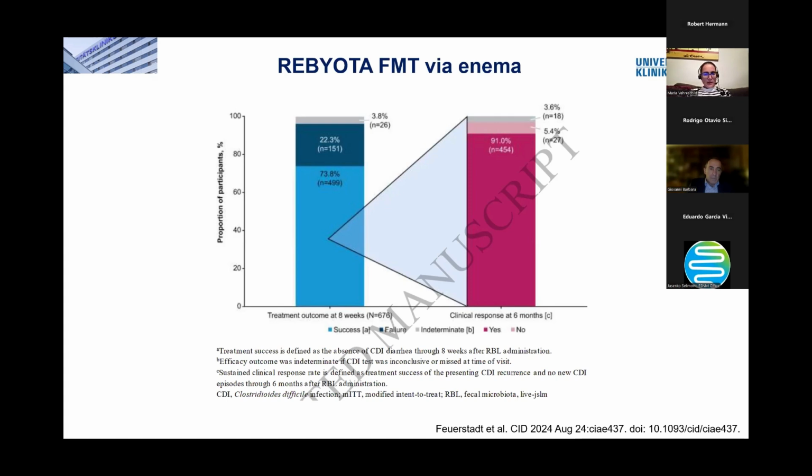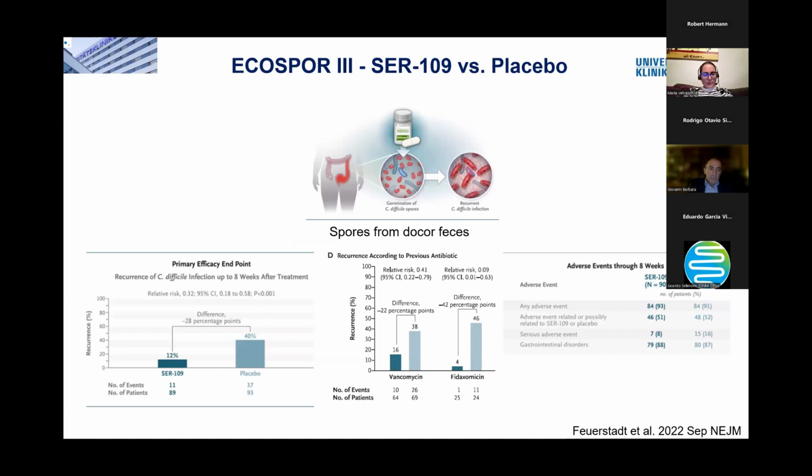And the other product that is registered is VOWST, which was assessed in the ECOSPOR 3 trial. And here the product, the SER-109 or VOWST as it is called today, was also given to multiply recurrent CDI patients.